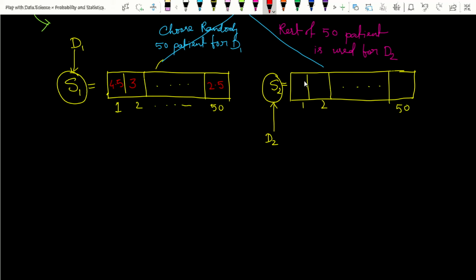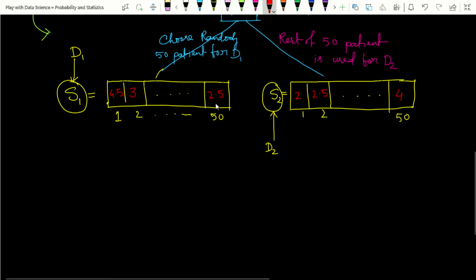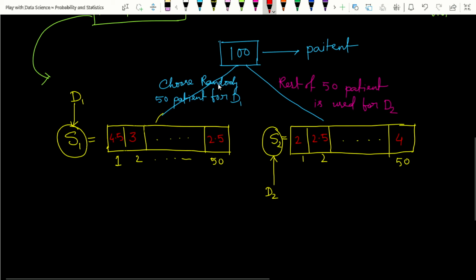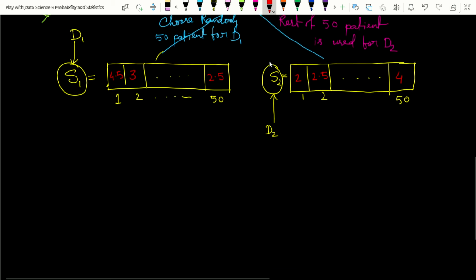For drug 2, suppose we got 2 hours, 2.5 hours, and 4 hours. Such kind of data we have collected from these two groups of patients that have been randomly built from this set of 100%.